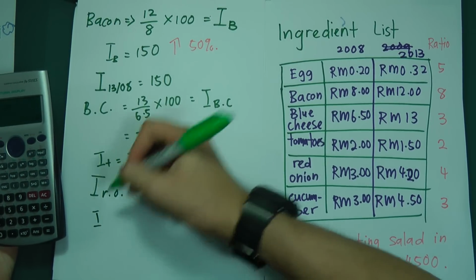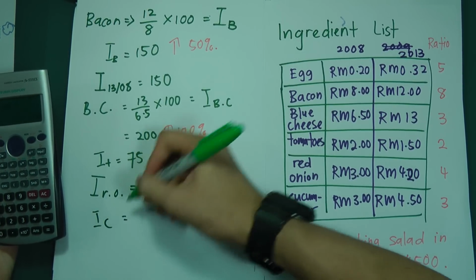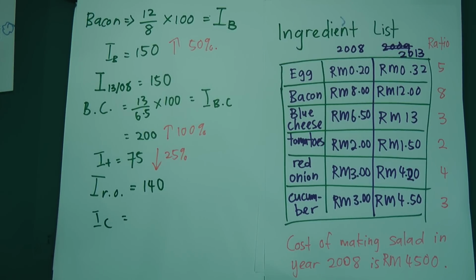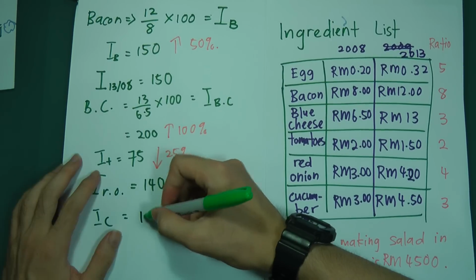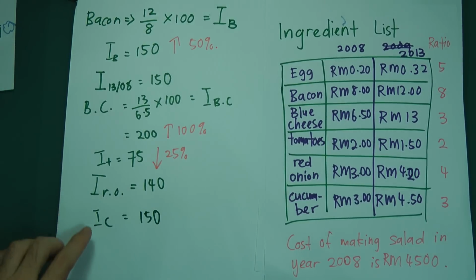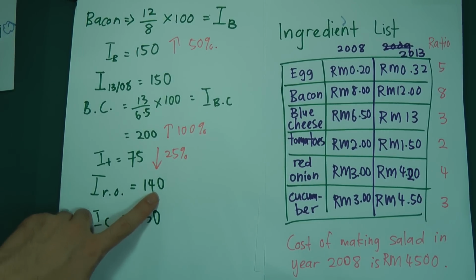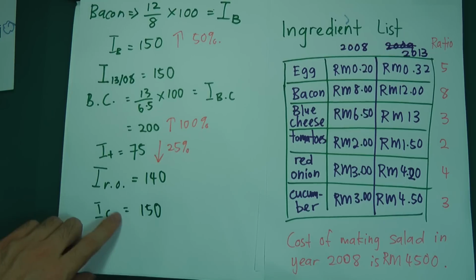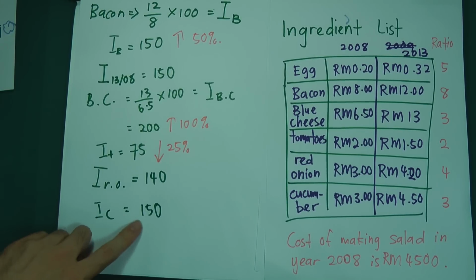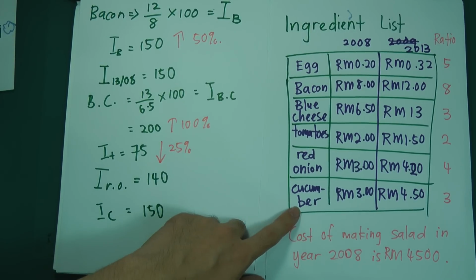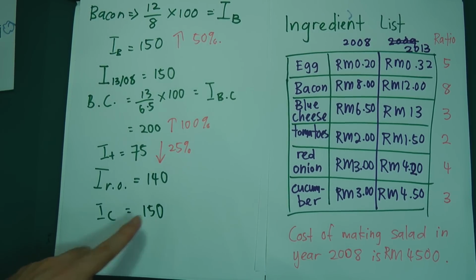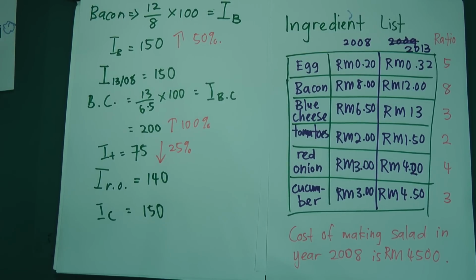And then the index number for cucumber, we use 4 ringgit 50 cent divided by 3 ringgit and multiply by 100, we will get 150 also. So from here we know red onions increased 40%, and the index number of cucumber tells us that cucumber increased 50% compared to 5 years ago. This is what they call index number.